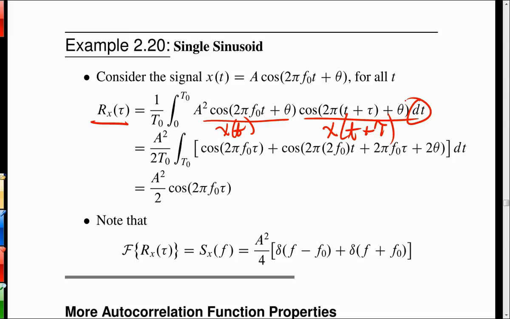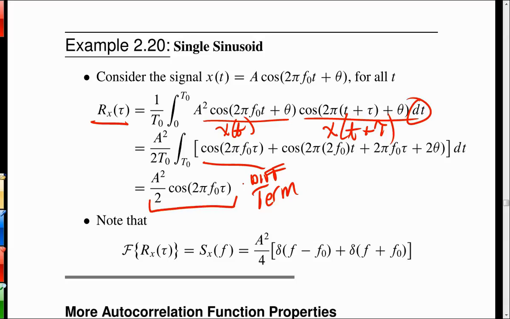So what's neat is that this is the difference term, and in the difference term, t goes away. So you're not integrating with respect to t, so with t gone, it looks like you're just integrating a constant, and it gives you that for the autocorrelation function.